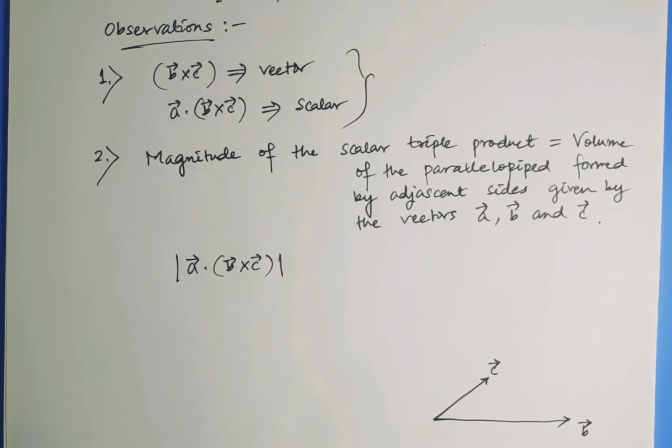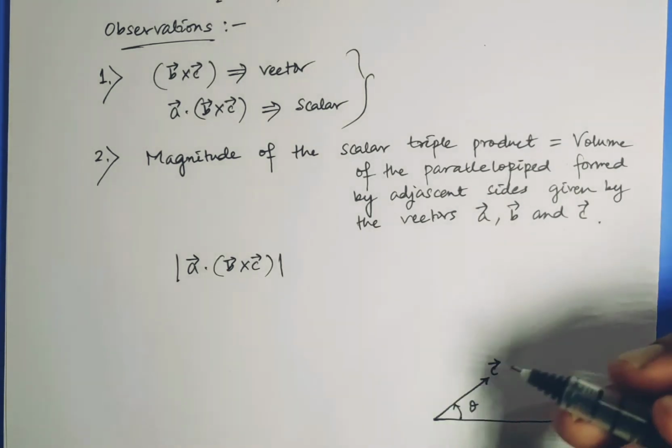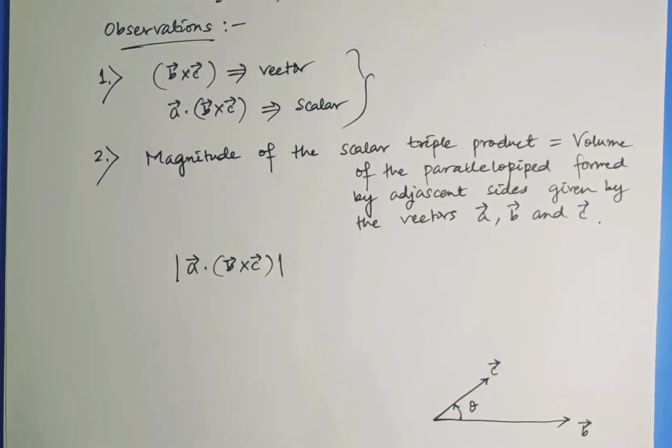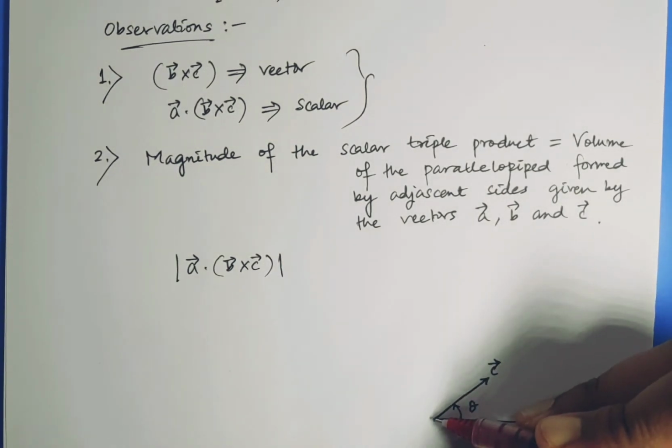Now we are doing cross product of B and C. So there is an angle theta in here. Understood? Now if I do cross product of B and C, can you tell me what will be the direction of the vector of the cross product of B and C? It will be perpendicular to the plane in which B and C lie, right?